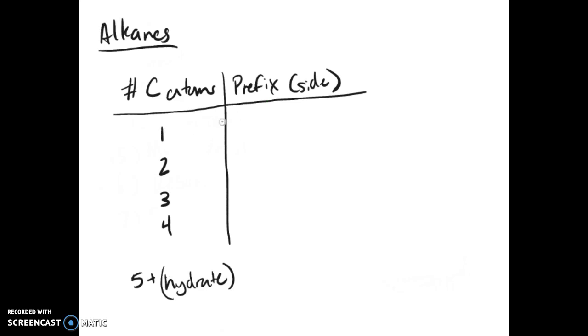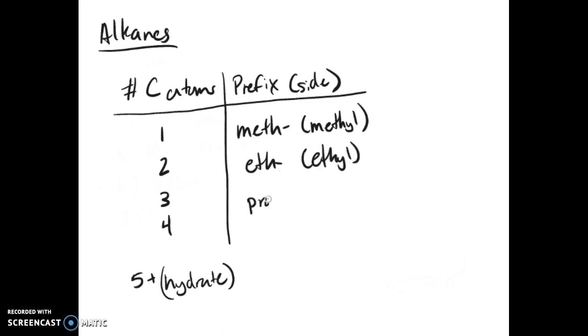So for 1, the prefix would be meth, and to write it as a side group, it would be a methyl group. 2 is eth, or an ethyl group. 3 is prop, or a propyl group. And 4 is but, or a butyl group.